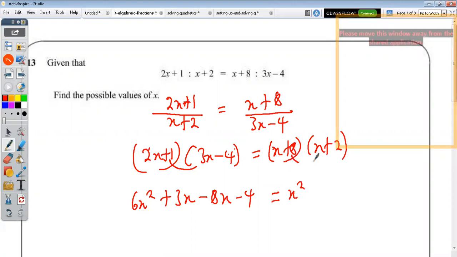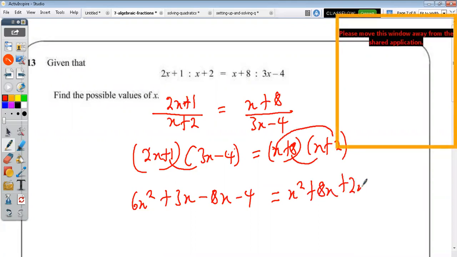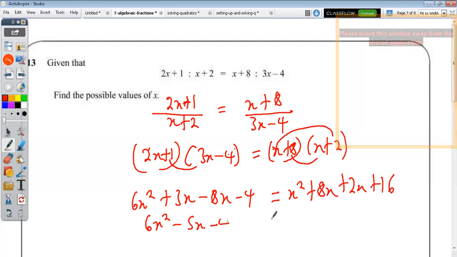If you multiply this, you get plus 8x. If you multiply this here, you get plus 2x. 2 times 8 times 2, last term by last term, plus 16. Okay. Simplify. 6x squared, 3 minus 8 is a minus 5x minus 4 is equal to x squared, simplify, plus 10x plus 16.